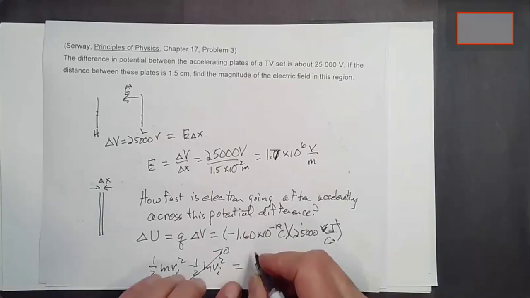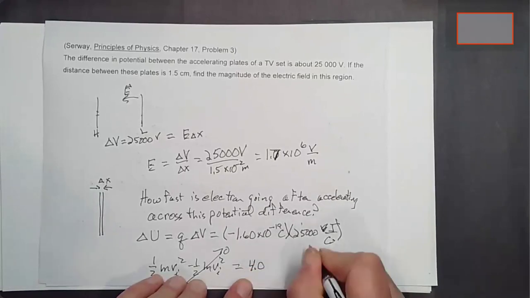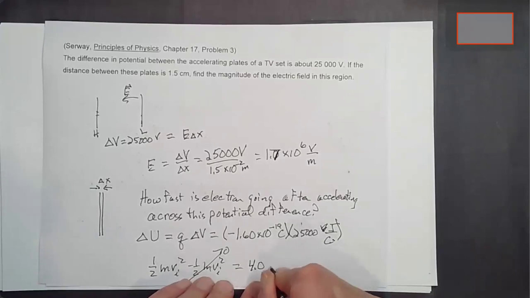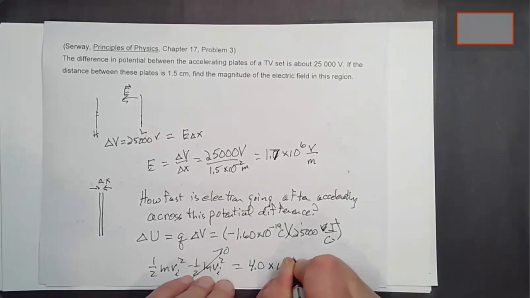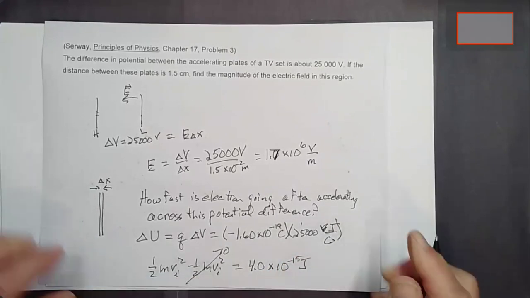Then I get 4.0, should have been able to do that in my head, times 10 to the minus 15th joules.